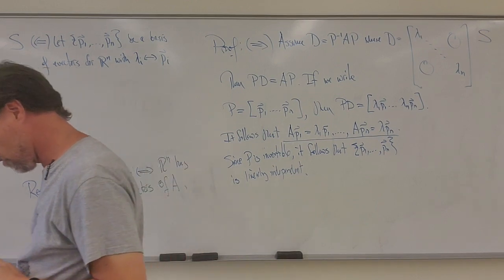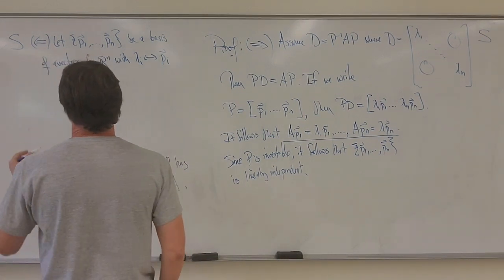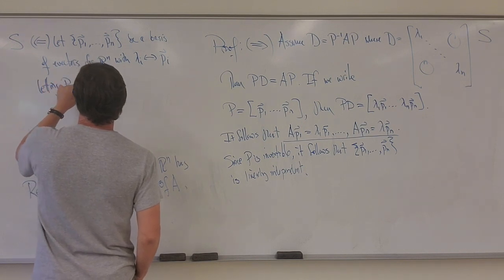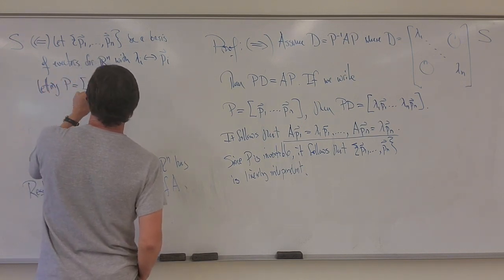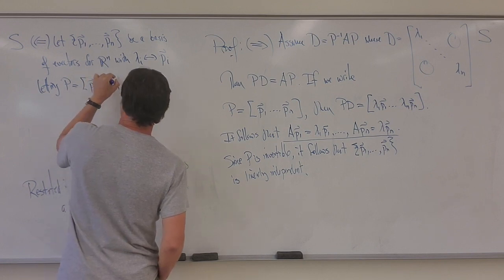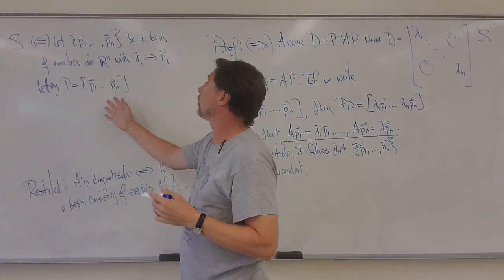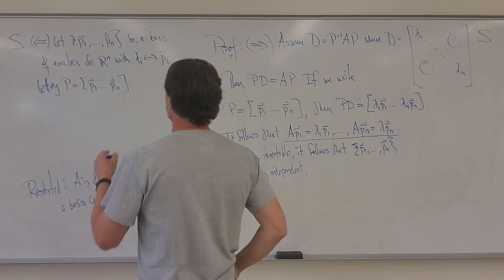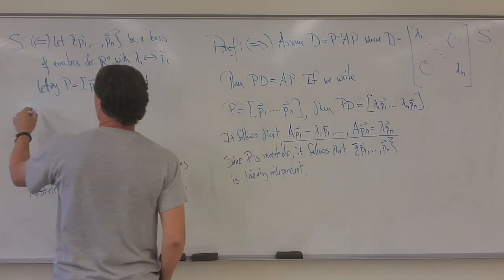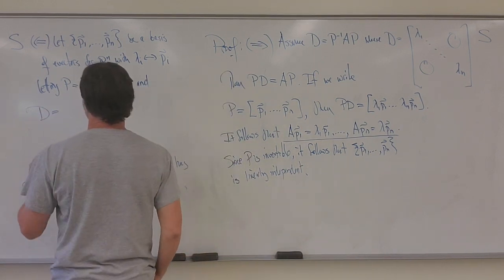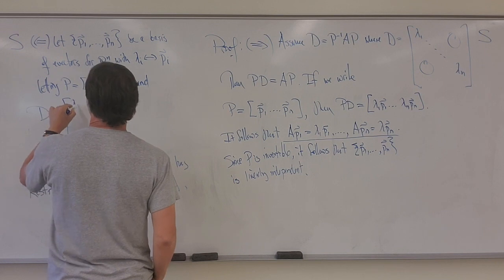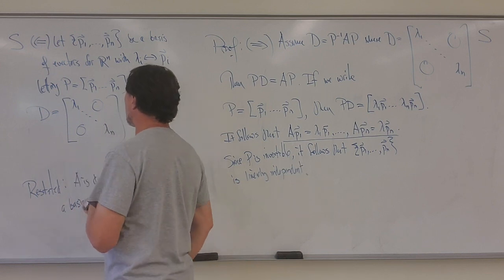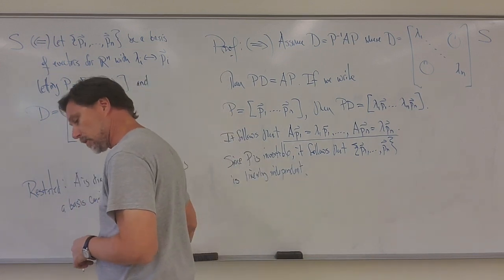Now, letting P equal the matrix whose columns are these eigenvectors right here, and D equal to the diagonal matrix with lambda 1 and so on along the diagonal, you can actually just verify it by multiplying it out.